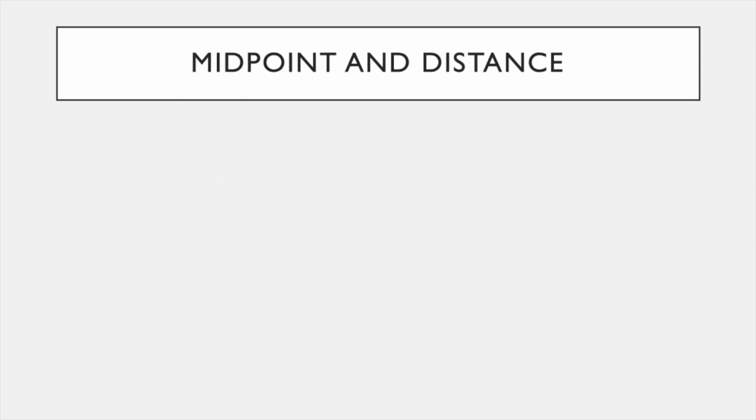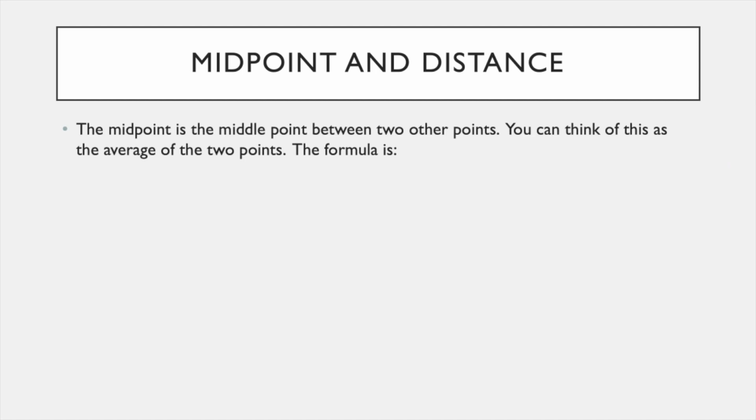So let's talk about midpoint and distance here. The midpoint is the middle point between two other points. You can think of this as the average of the 2 points. So you guys at this point in time should know pretty well how to find the average. So midpoint, you take the two x's, add them together, x1 plus x2, divide by 2, and then do the same thing for the y's. So you're finding the average of the x's and the average of the y's.